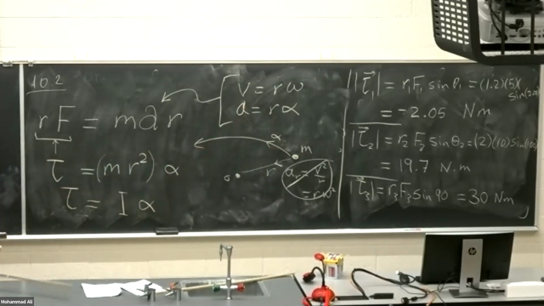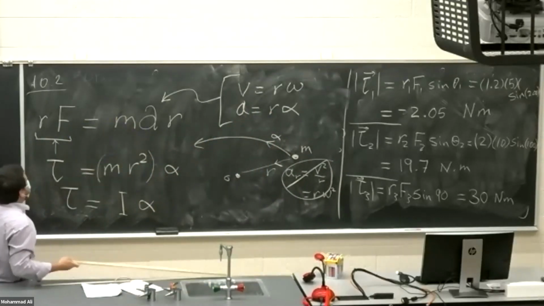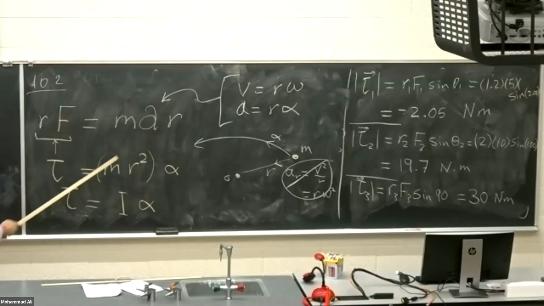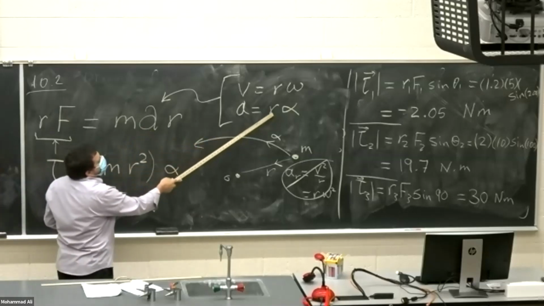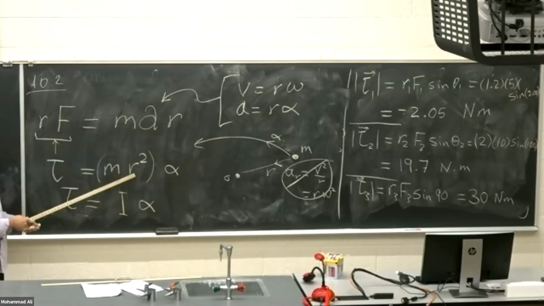We start with Newton's second law, F is equal to ma. It's simple. We just multiply by r and replace the linear acceleration with r alpha, the angular acceleration. Then we have two r's multiplied by each other, which is r squared.